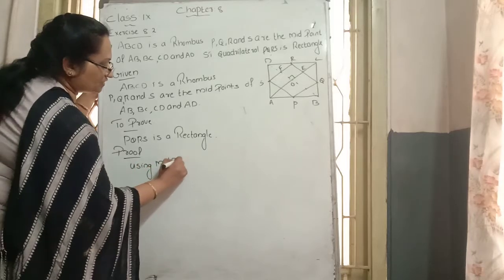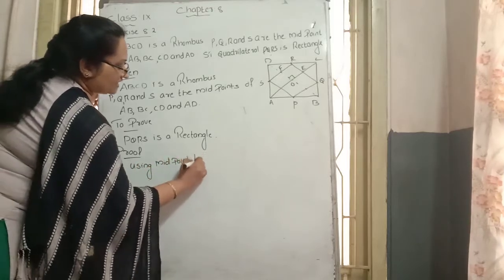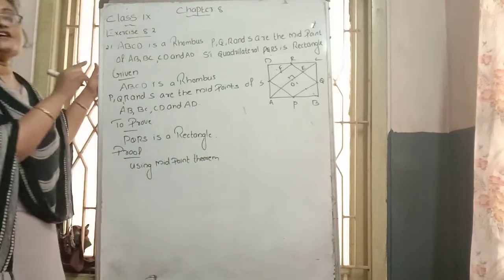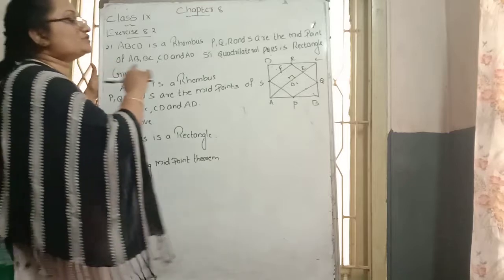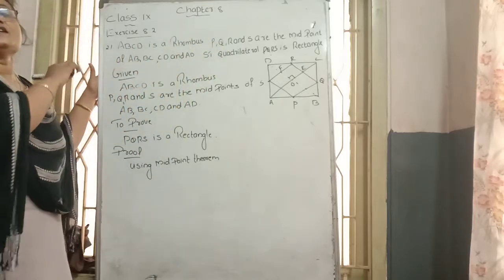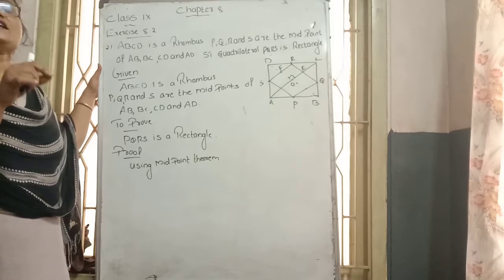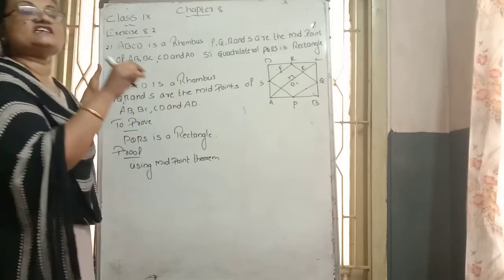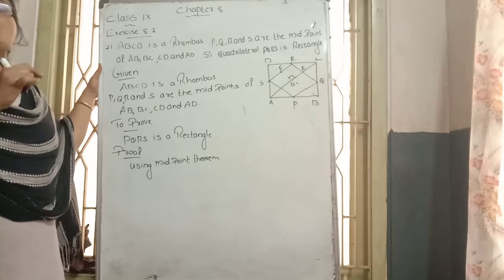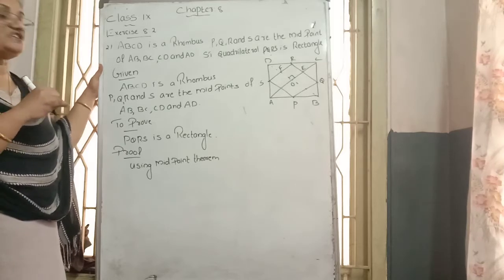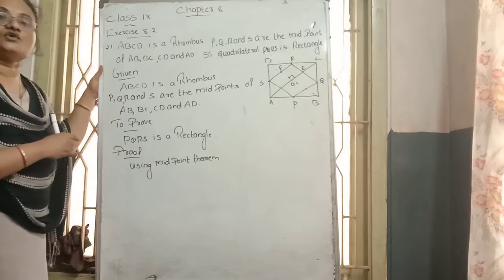The midpoint theorem says that when a line joins the midpoints of two sides, then that line is parallel to the third side of the triangle, and that line is equal to half of the third side. So that theorem we are going to apply here.